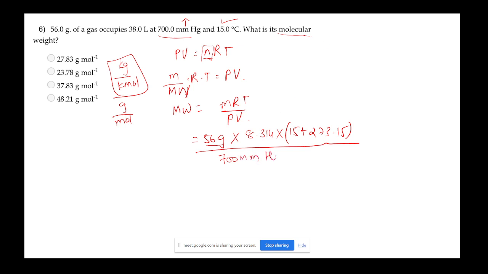Now conversion for pressure is what? 1 atmosphere, or 101,325 pascals, is nothing but 1 atmosphere, which is nothing but 760 mm of Hg. Now if you convert, then what will you get? 101,325 pascals represent 760 mmHg.